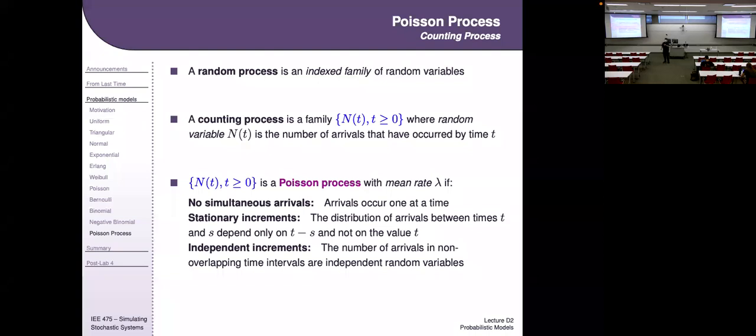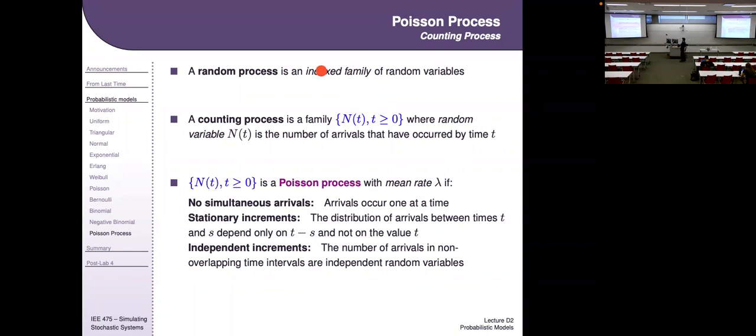And the statistics of the random variable at time 0 are going to be different than statistics at time 1 or statistics at time 2. So not one set of probabilities or distributions describes all of these random variables, but instead we have to have a way to connect the index of each random variable to the parameters of that distribution.